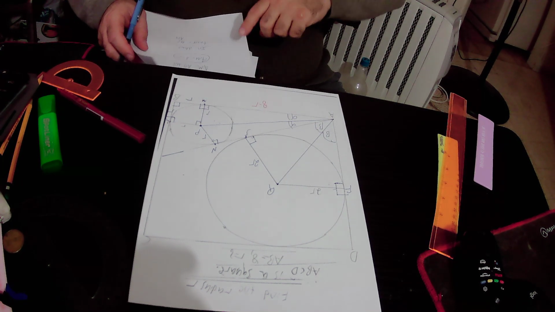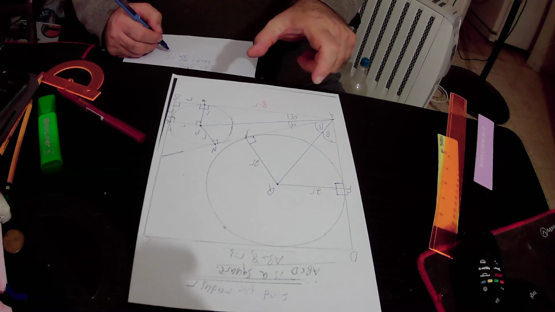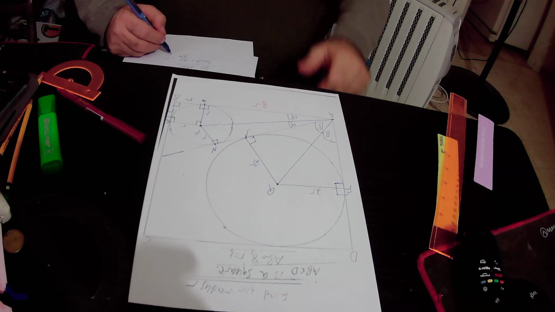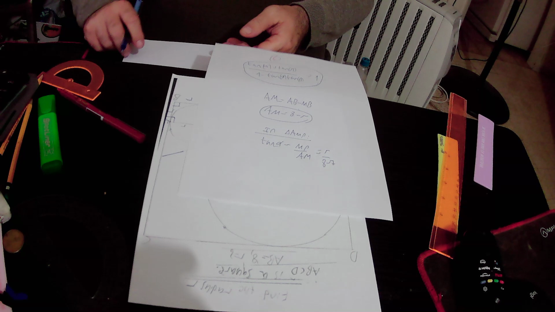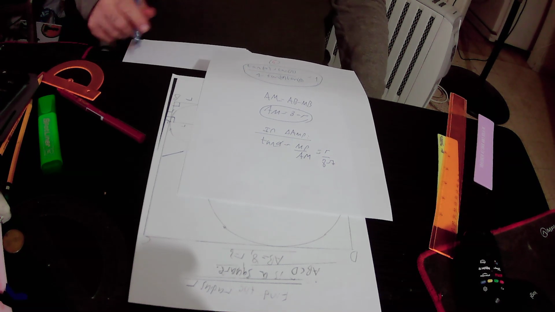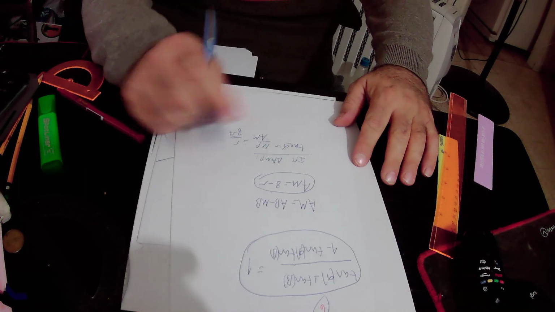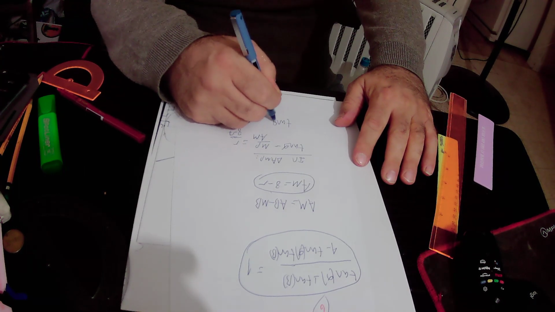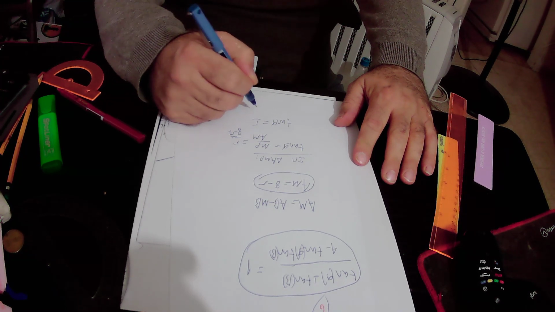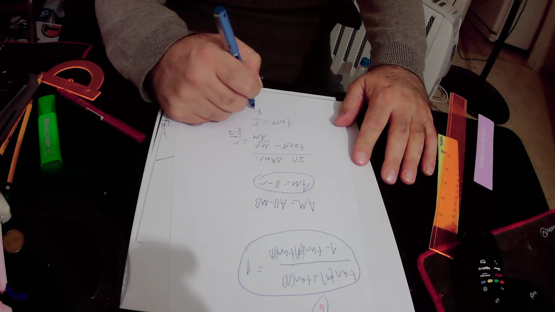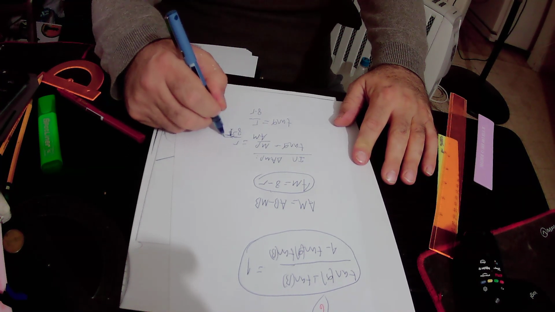MP or PM is the radius of the small circle, and AM, we already found out, equals 8 minus R. So in total we got that tangent alpha equals R over 8 minus R.